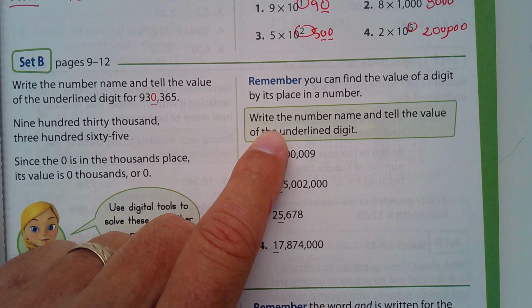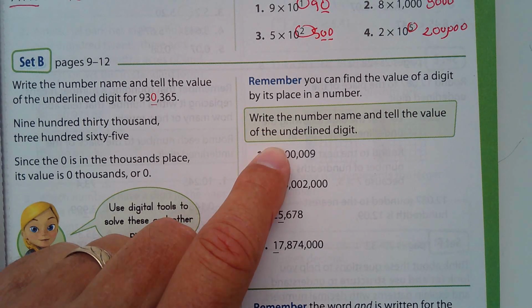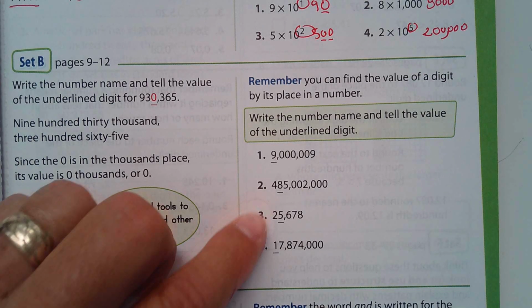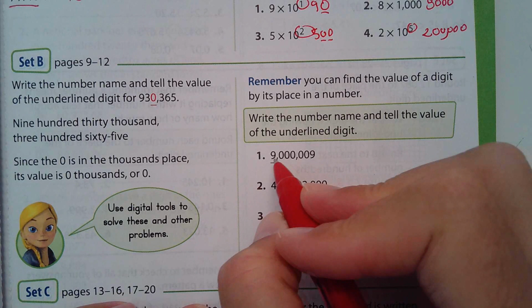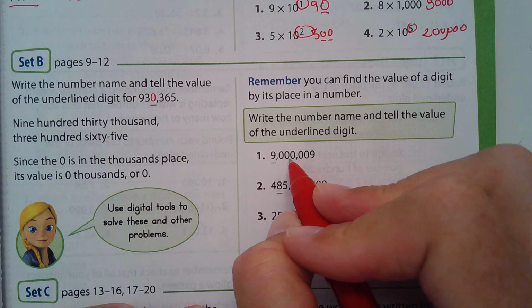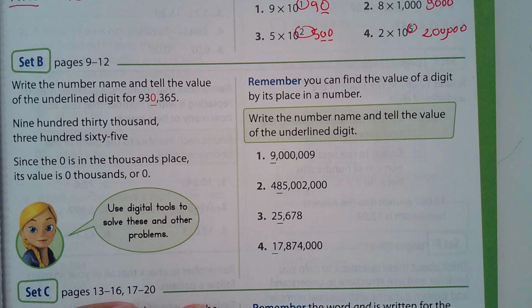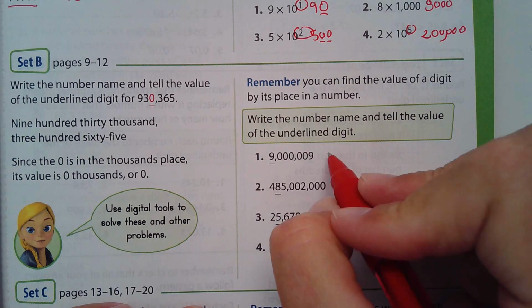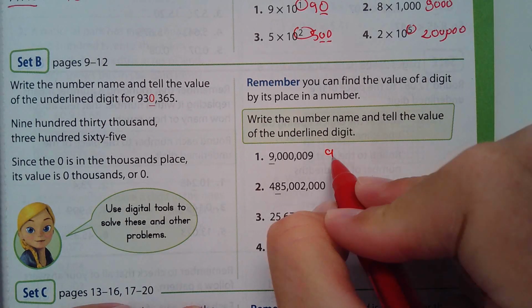Write the number name and tell the value of the underlined digit. So let's start off with the value of the underlined digit. So what place is that? That's the millions place. So the value of the underlined digit is 9 million.